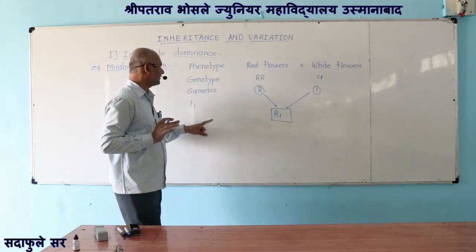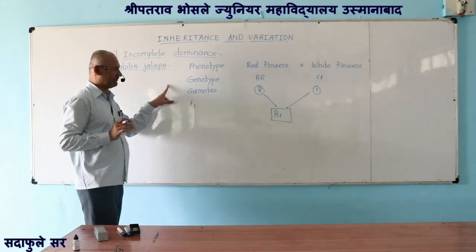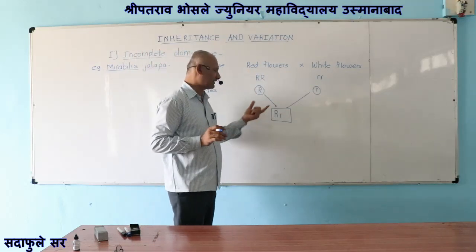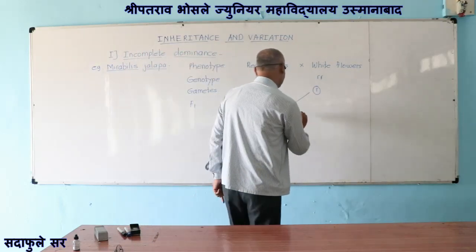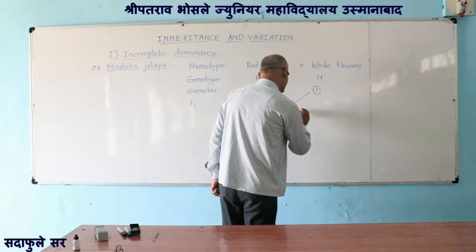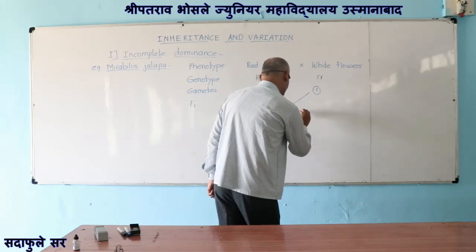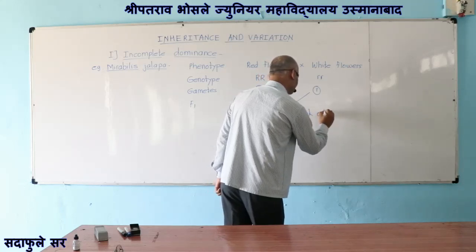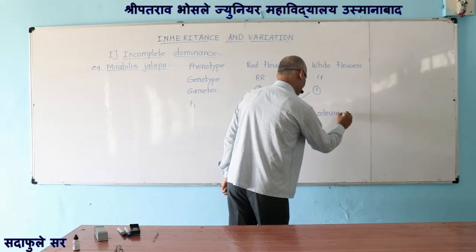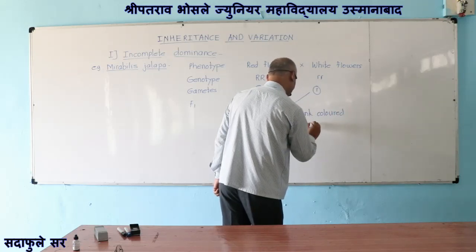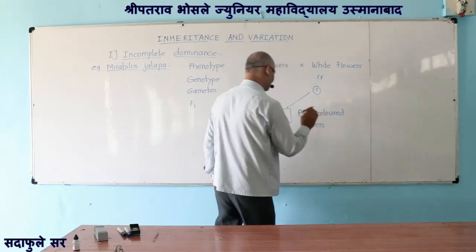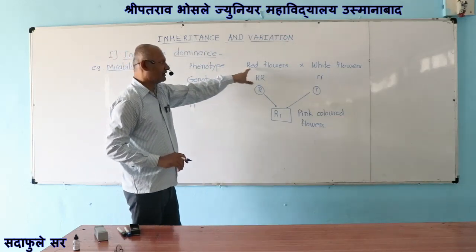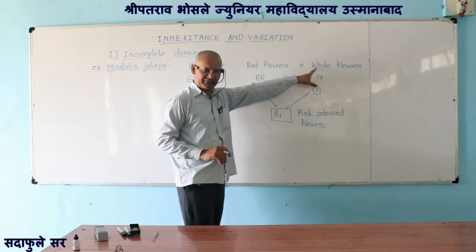But in incomplete dominance, in Mirabilis jalapa, when we cross a red flowered plant with a white flowered plant, then in F1 generation we obtain pink colored flowers. These plants are with red flowers, these plants are with white flowers.